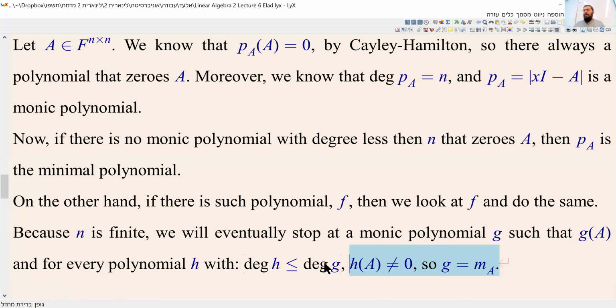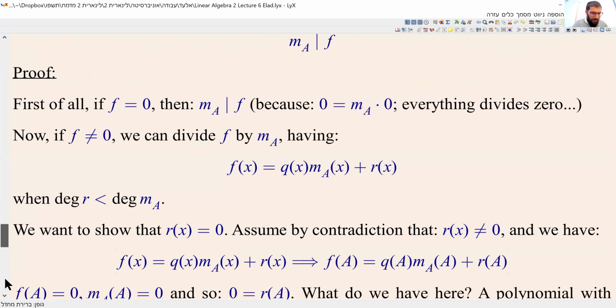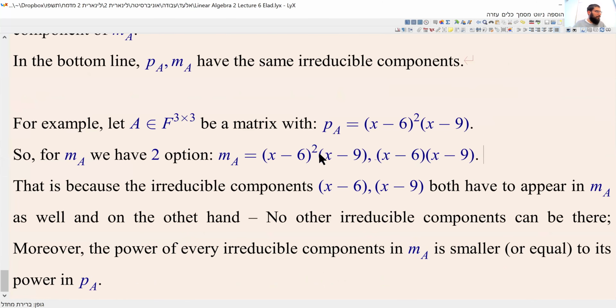But how do we find this polynomial? That was only theoretical. Now, technically speaking, we can do it that way. Find the options, probably not so many, and in order to find the exact correct one, we need to put A in the polynomials and see if they zero A or not.